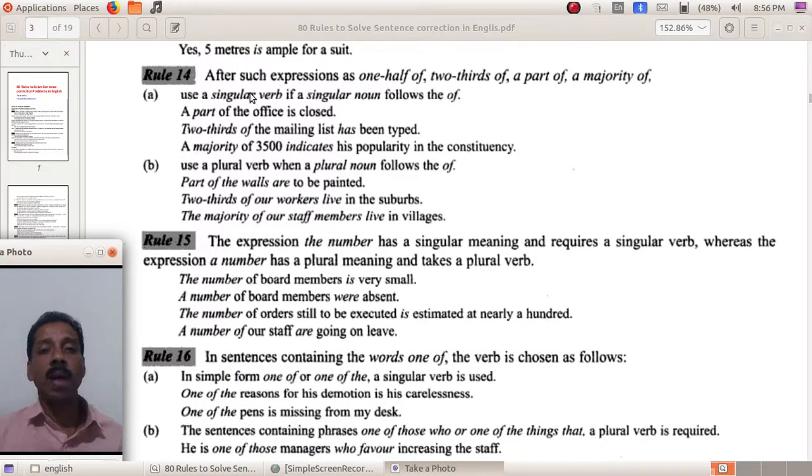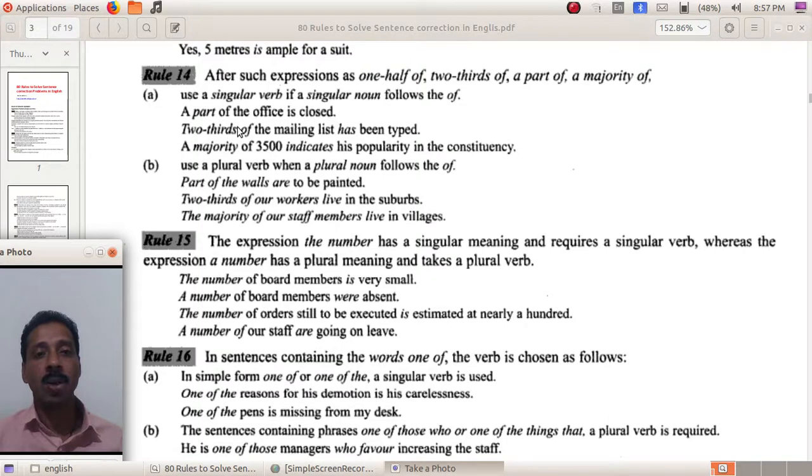Then, after expressions such as 1/2 of, 2/3 of, a part of, a majority of, use a singular verb if a singular noun follows the of. A part of the office is closed.